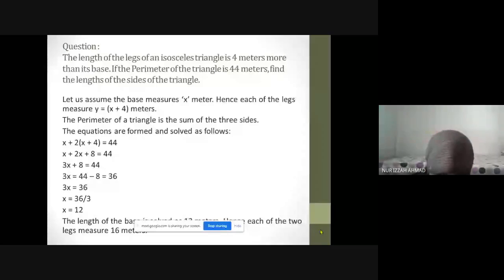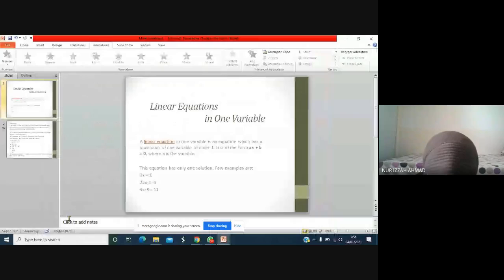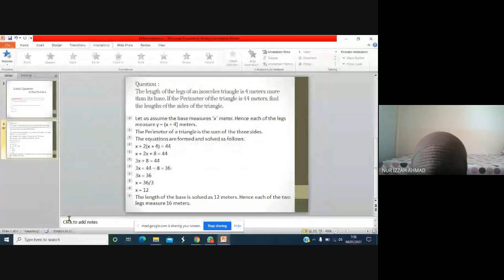The length of the base is solved as 12 meters. Each of the two legs measures 16 meters.